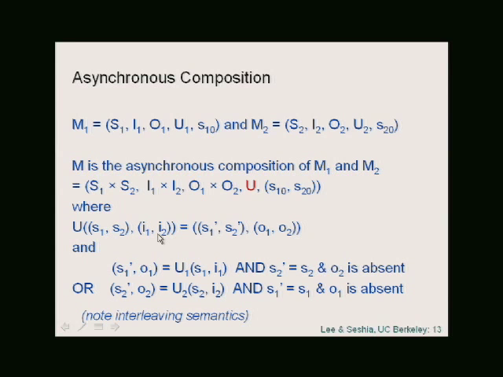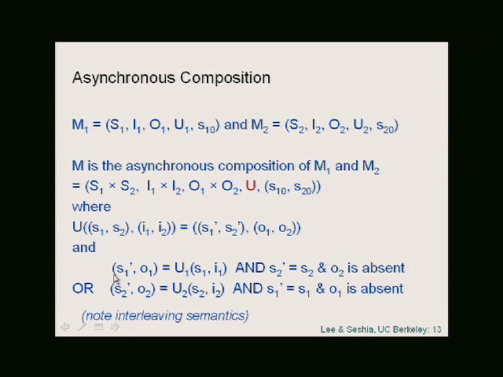What happens is exactly one of the two machines makes a transition. If machine 1 made a transition, then the first component of the combined state, which is the state of machine 1, will get updated according to its update function, and the output gets updated according to the update function. But for machine 2, the state is the same and the output is absent.